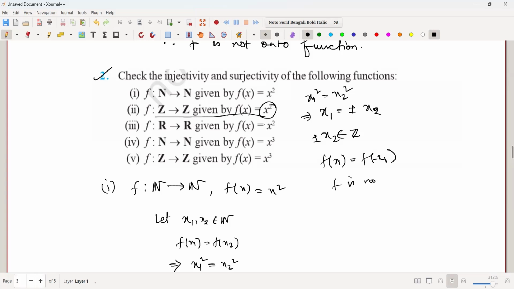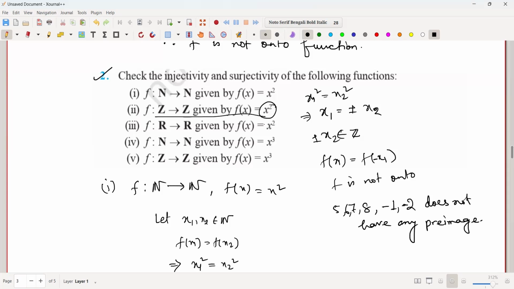So f is not one-one. And here also 5, 7, 8 and also 6, like these numbers, and the negative numbers, minus 1, minus 2 do not have any preimage. So you have to write this in mathematical language, so that the definition of ontoness is violated.